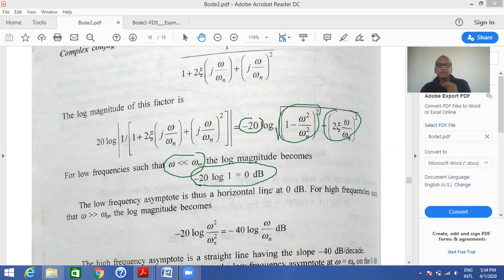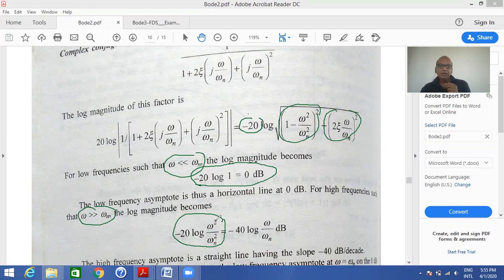At high frequency, omega upon omega n is greater than 1. When the frequency is high, the log magnitude of this quadratic factor is minus 20 log of omega square divided by omega n square.